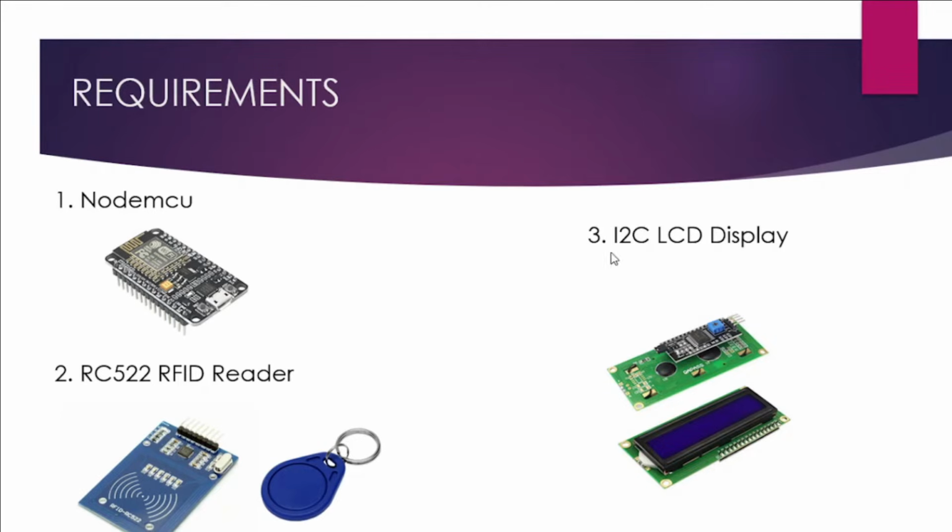And for the I2C LCD display, we have the normal LCD display, but there are many pins, so we have used this I2C interface IC, and this will basically turn all those pins to only 4 pins, which are SCL, SDA, VCC and ground. So you need to provide a 5-volt supply for this.